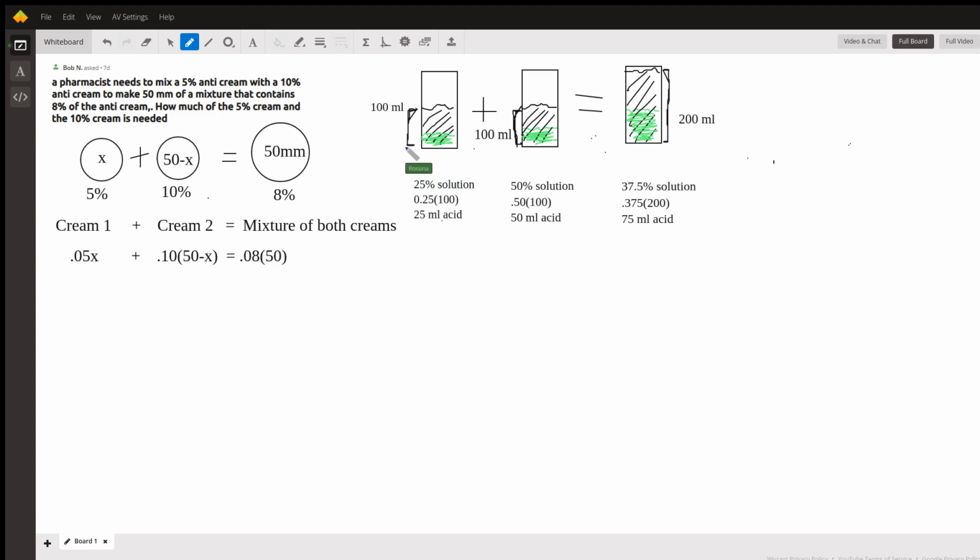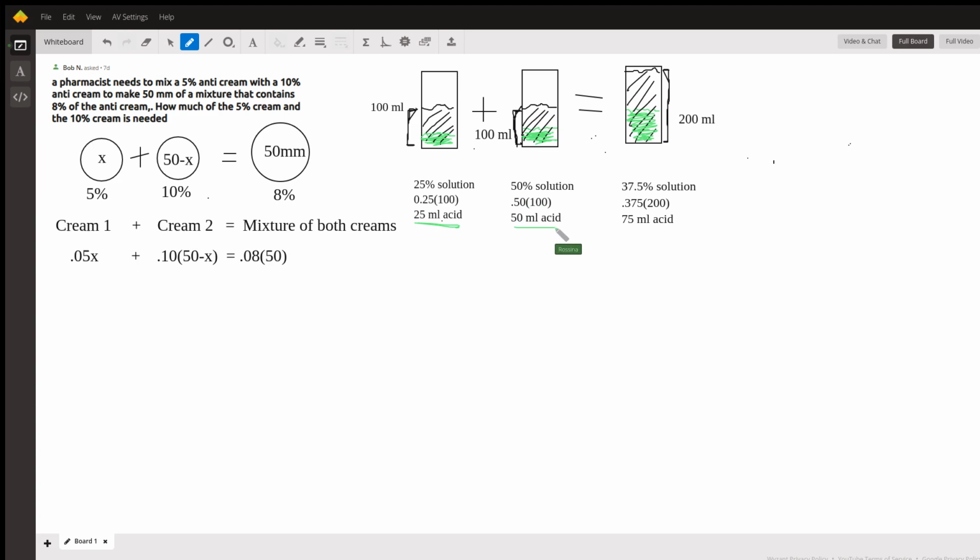So there are 25 milliliters of acid in this first container. Same idea goes for container number 2. We have 100 milliliters of liquid and 50% of it is acid. So what is 50% of 100? Easy numbers to understand this concept: it will be 50 milliliters of acid, right?